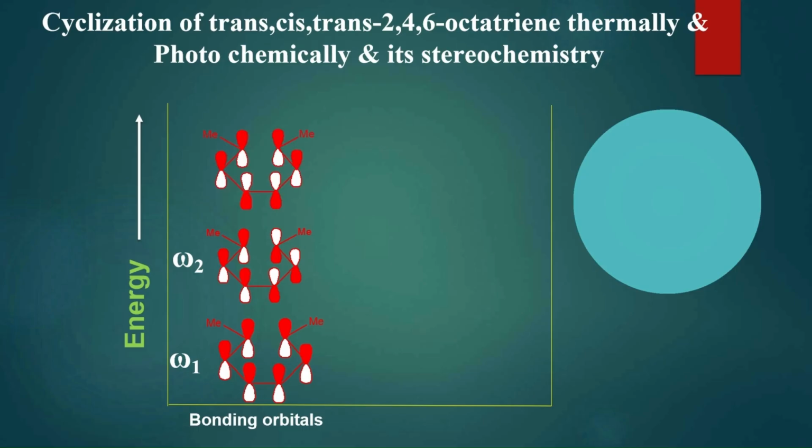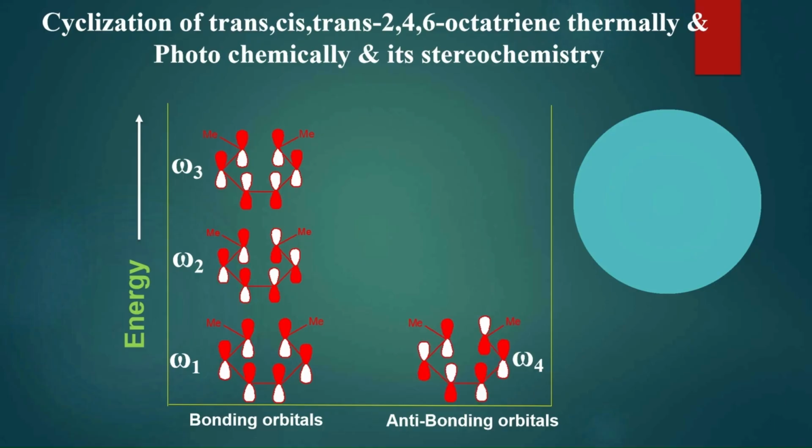In psi 3, the first and last 2p orbitals are in the same phase, and the in-between 2p orbitals are in the opposite phase as that of the p orbitals at 2 and 3 and 6 and 7 positions. The 3 antibonding orbitals are psi 4, psi 5 and psi 6.